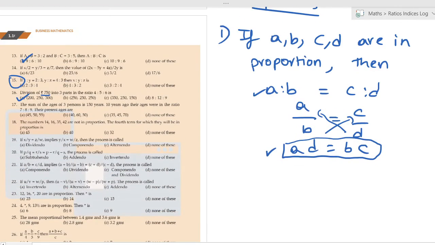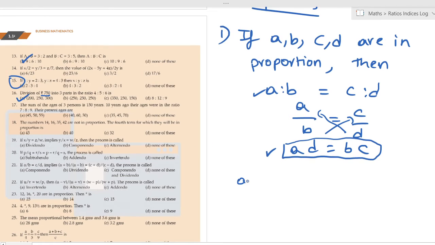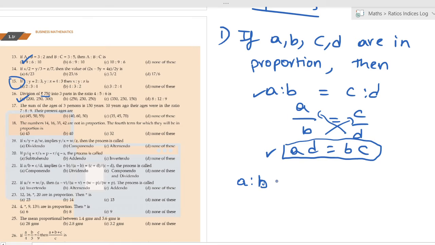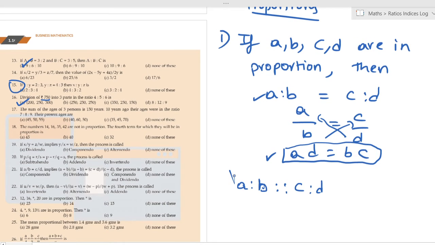So this proportion is represented by A is to B, C is to D. It shows that A, B, C, D are in proportion. Okay, this is how it is represented.